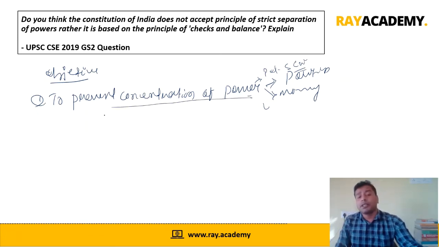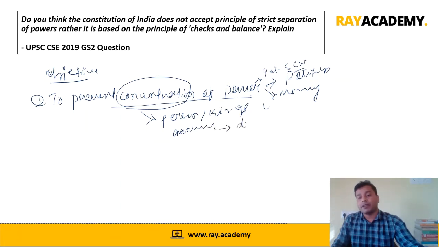And what will happen if the power is concentrated? All of you are aware that history is witness to many persons, or maybe kings, who accumulated power and became dictators or authoritarian.